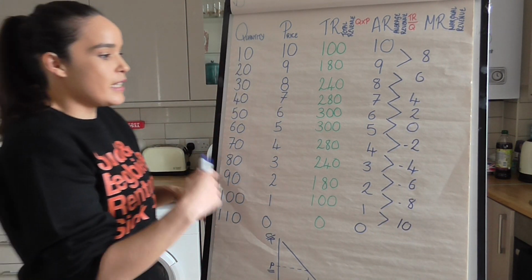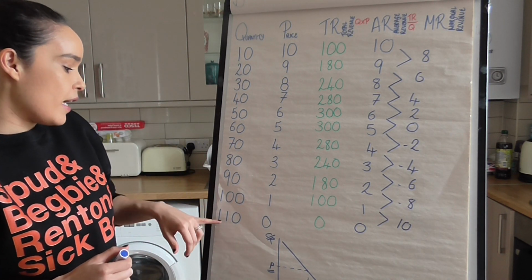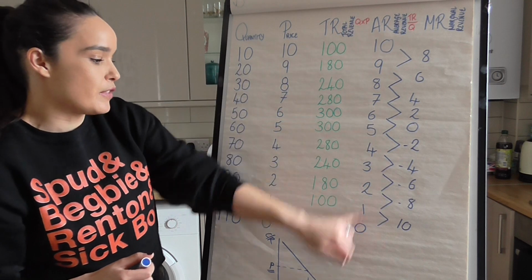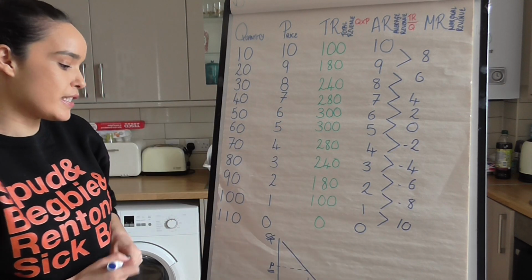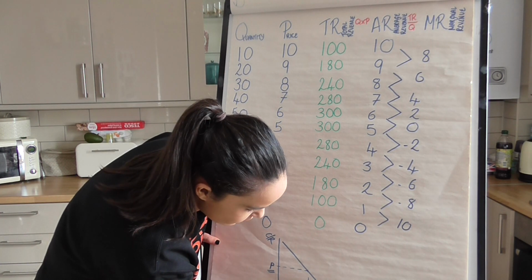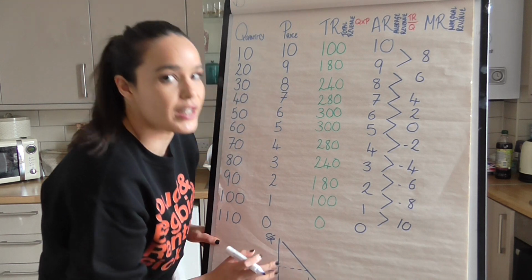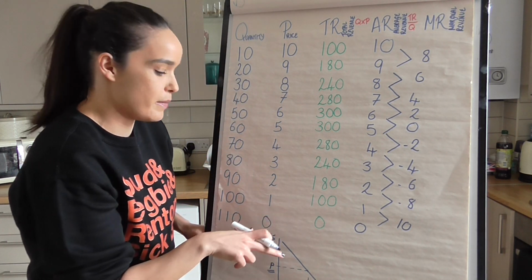So this is also going to illustrate a really important point to us. So we know that our average revenue is 0 at 110 units, so I can actually touch this here at 110 units, so we can call this our AR. Don't worry, we're going to look at this in a lot more detail in just a moment.